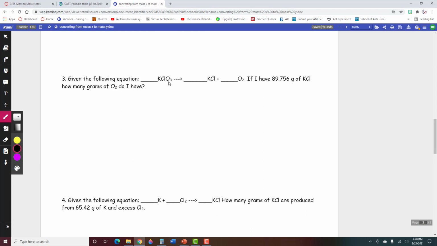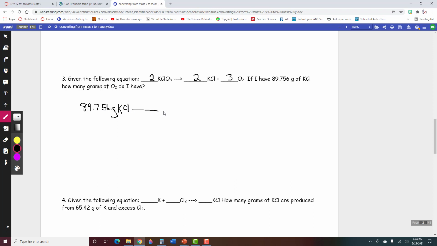So I have KClO3. I need to put a 3 here, and a 2 there, and then a 2 there. So I have 89.756 grams of KCl.